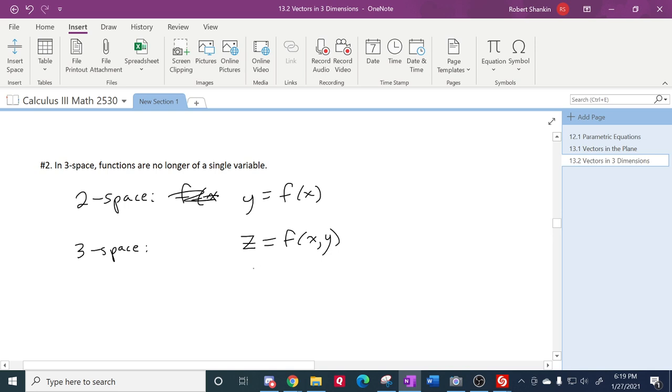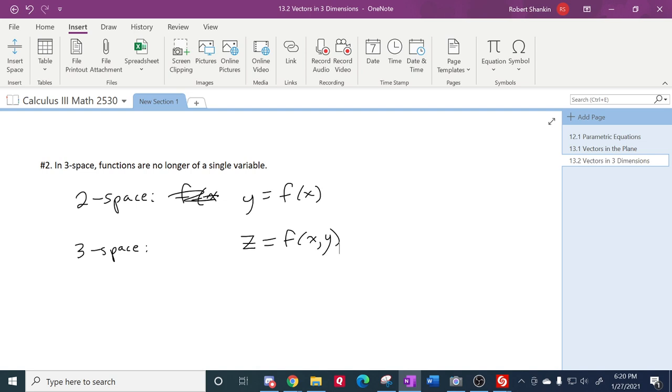And Z might be, for instance, if we were in a physical classroom, I'd be pointing out how the XY plane is the floor.